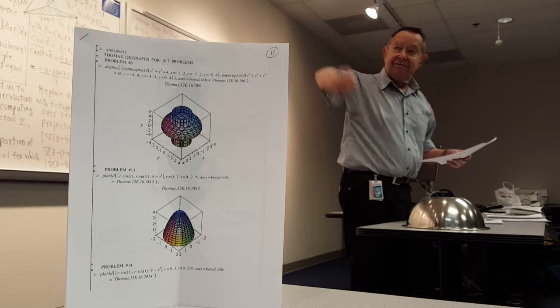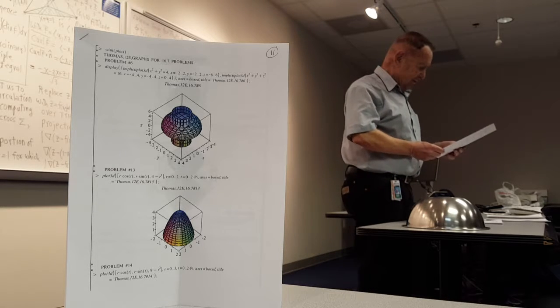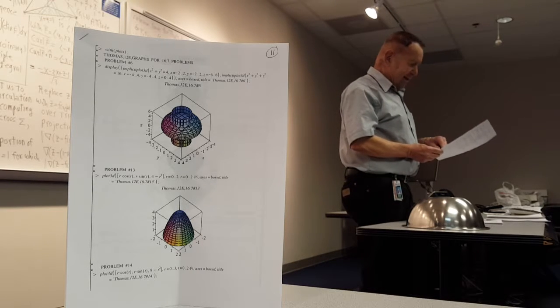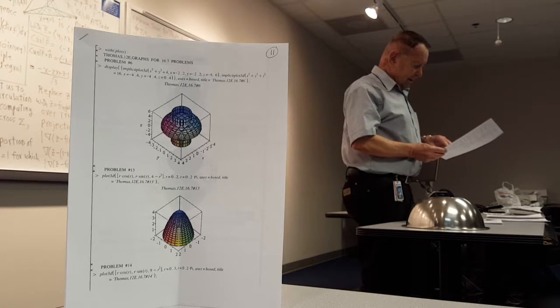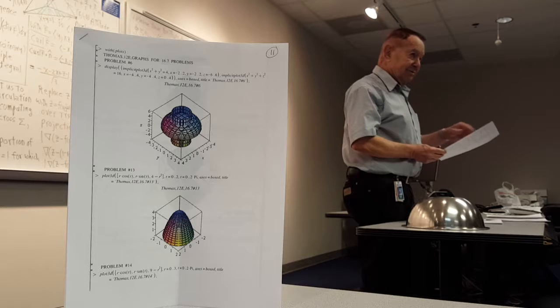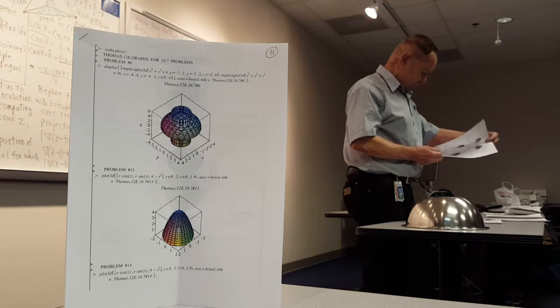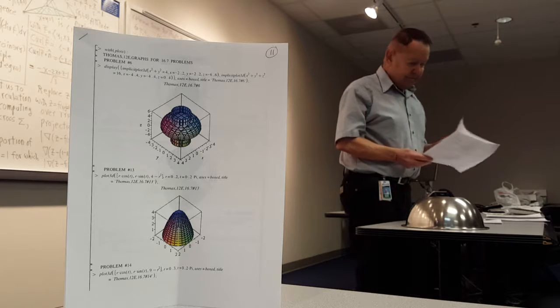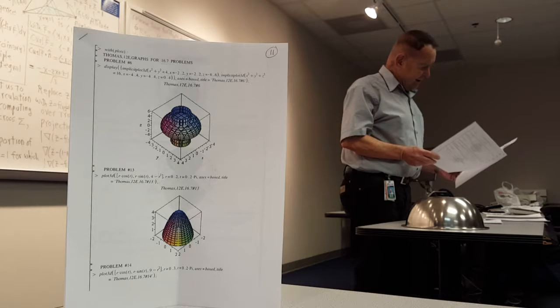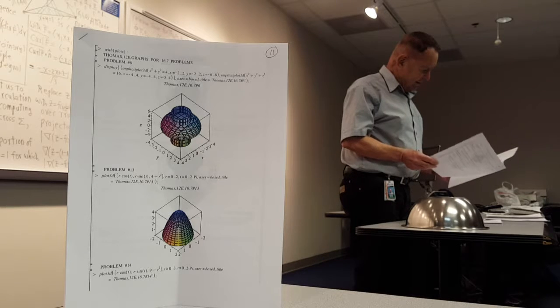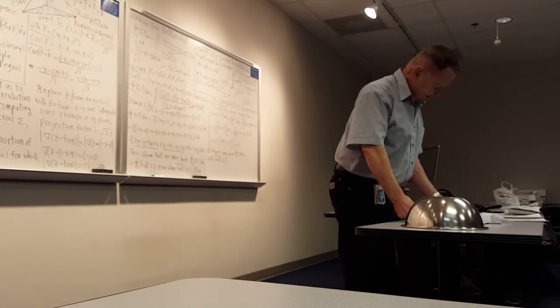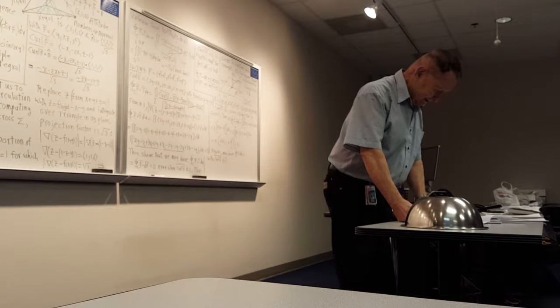With 13, which we did over there by the door, you see the paraboloid, the figure where a cross section would be a parabolic type curve. 14 is similar. With 15, you have a cone, and 16, you have a cone the other way.